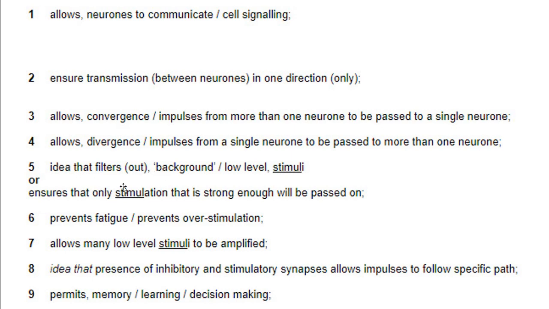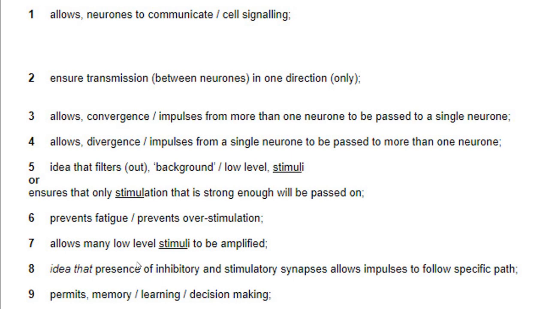This idea that you need enough stimulation to cause the depolarization, so it allows this level of control, in apostrophes, of background. It ensures that a large enough stimulus is needed to cause a depolarization, and that can also prevent overstimulation because of the mechanisms involved. It can also allow low level stimuli to be amplified, so you can go to multiple neurons.